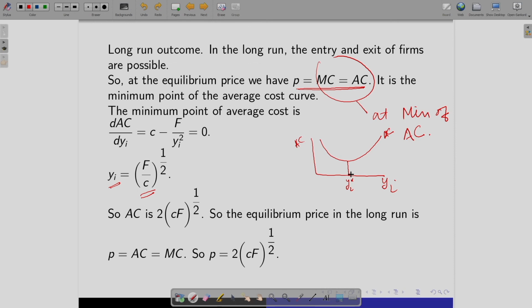Okay. So, now plug in this in the average cost. So, this height is giving you the average cost, and so this is the output. You plug it in the average cost, we get this, right, because the average cost function is this, right.